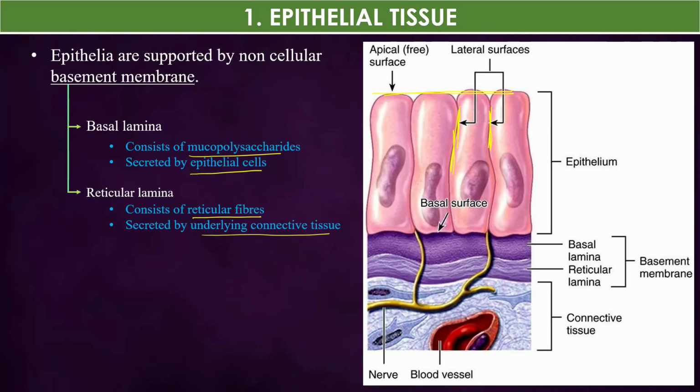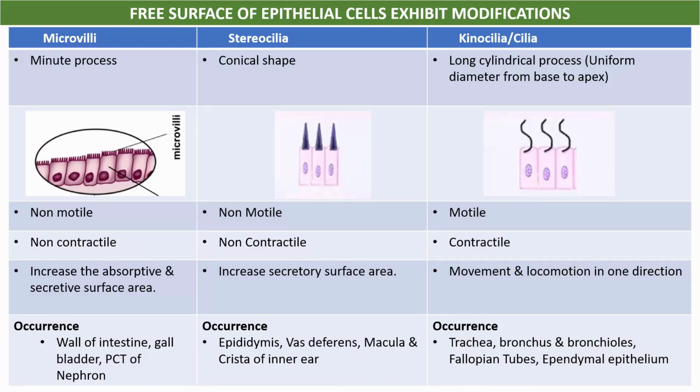Let us start our discussion with the free surface of epithelial cells, or you can say modifications of the epithelial cells. The first modification is the microvilli. One thing should be clear: these modifications are on the apical surface of the epithelial cells.